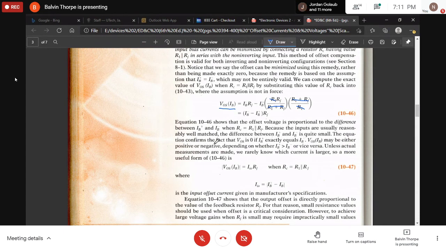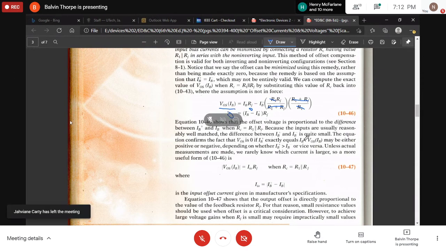The equation confirms the fact that the output offset voltage is 0 if IB plus is exactly equal to IB minus. So you see, if these two are the same, remember I said they are almost equal, then in the bracket any variable minus itself is going to give you 0, not true? Yes, sir.